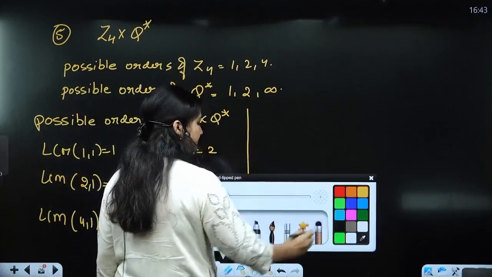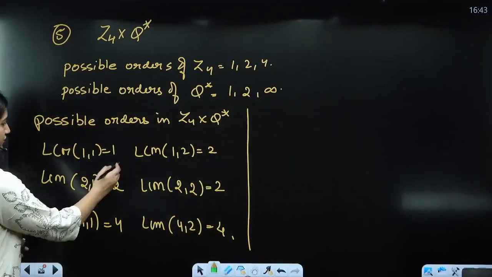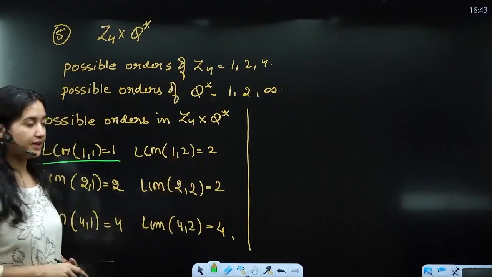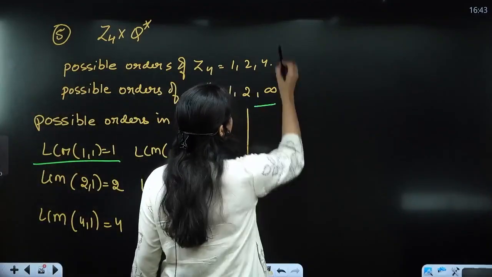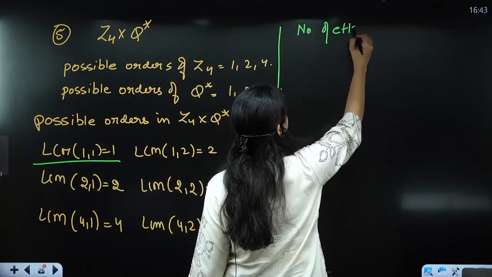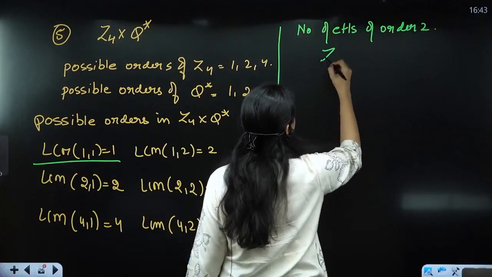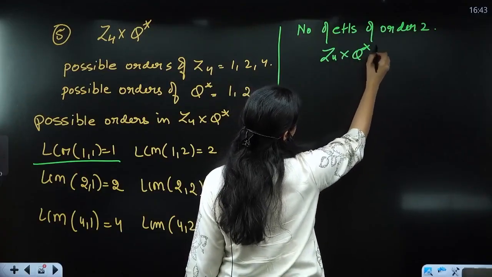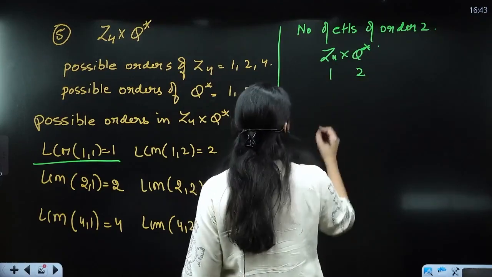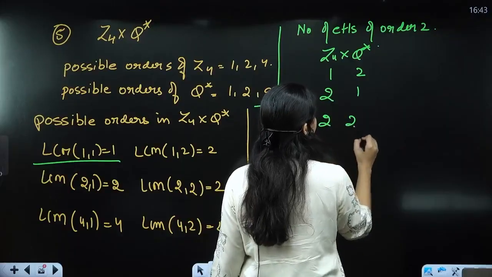So let's see, the number of elements of order 1 will be 1 only, this we know, right? Let's calculate the number of elements of order 2 in Z4 cross Q star. What are the possibilities? (1, 2), (2, 1) and (2, 2), right?